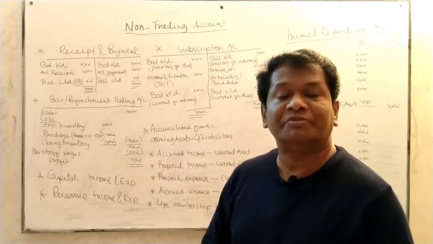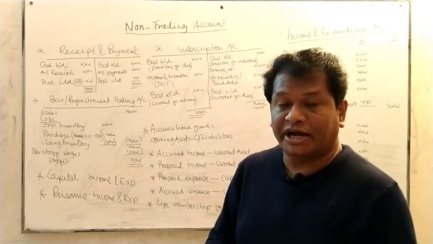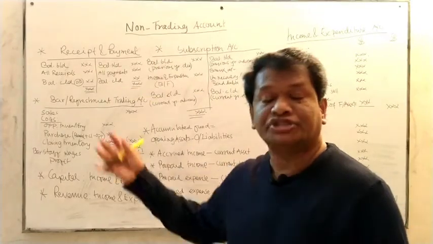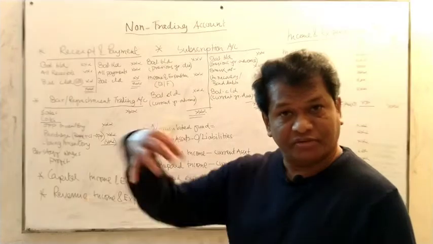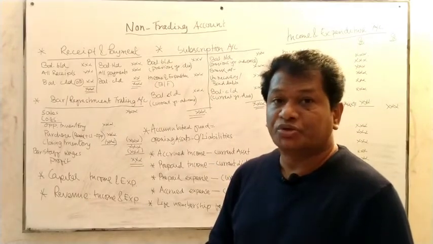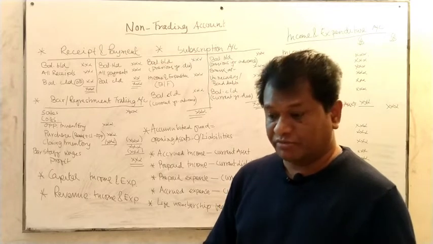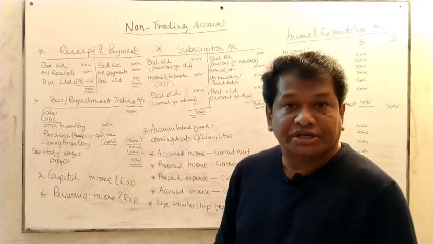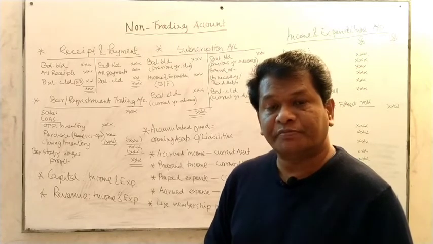Capital income means some income which is generated for the organization, but not for the current period, it is for the next period. Maybe income yet to be earned but already received by the business. So capital income may be legacies, or some big donations. And what is capital expenditure?